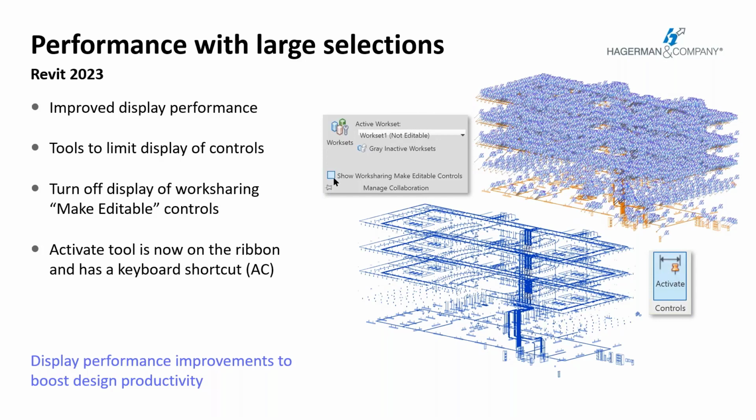The Collaborate tab has a setting in the Manage Collaboration dropdown to toggle on or off the Show Work Sharing, Make Editable controls for legacy behavior to be shown in Canvas. So this new user requested performance improvement will significantly boost productivity across your Revit projects.